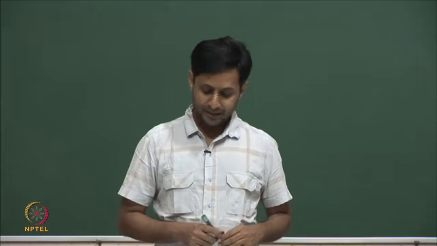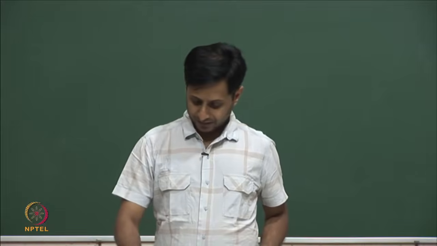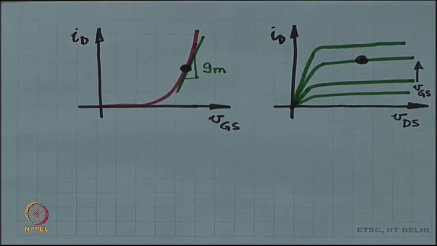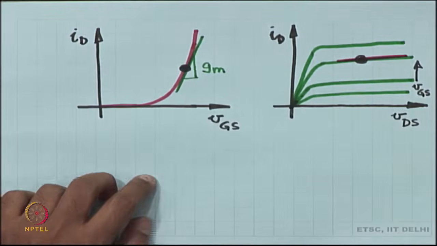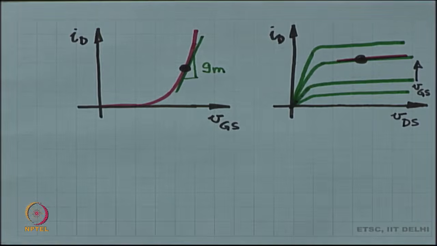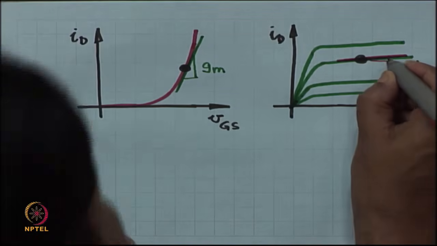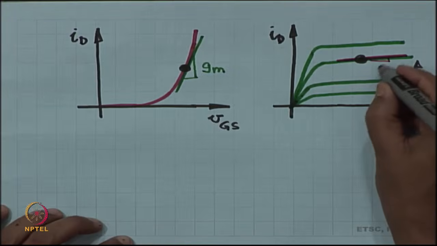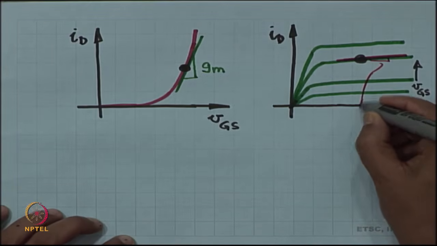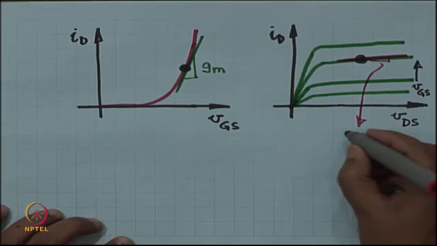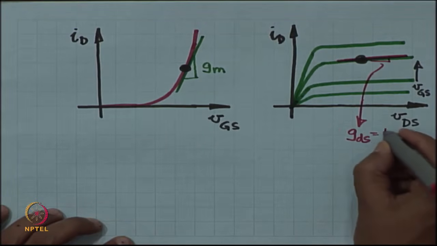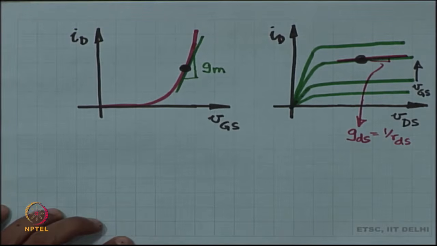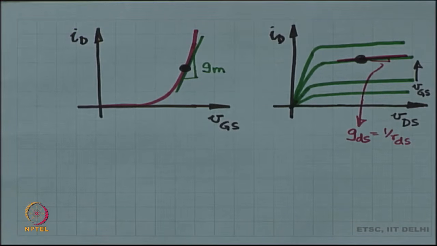Done? Okay. And then from the ID VDS characteristics, I look at the slope over here, and this slope of this line is going to be GDS, equal to 1 by RDS. Is this understood so far?